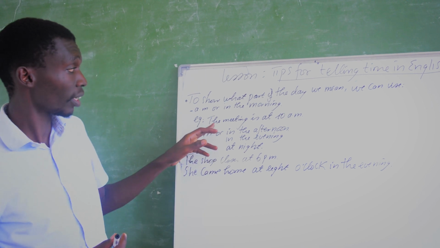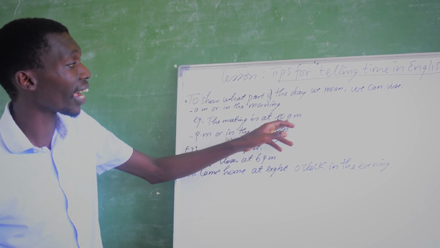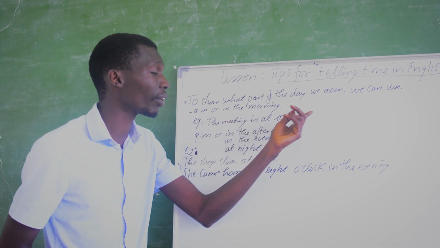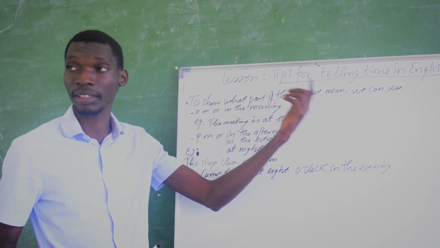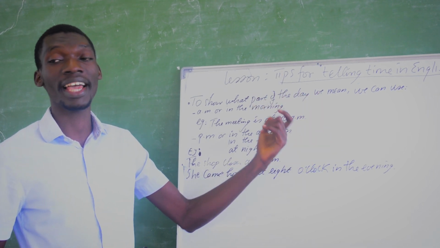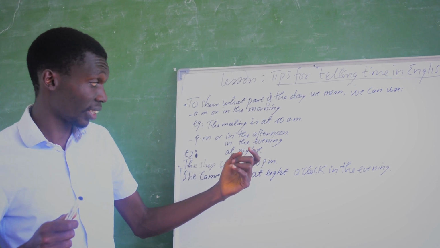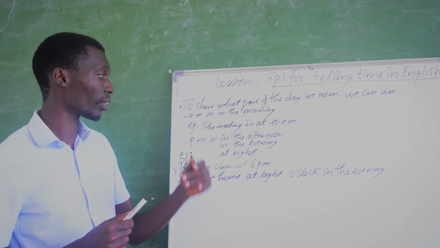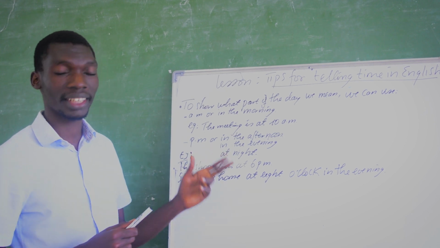Here, for example, the meeting is at 10 a.m. or the meeting is at 10 o'clock in the morning. So if I add in the morning, it means that this expression a.m. will be excluded. Is that understood? Also, you can say p.m. or in the afternoon, in the evening, or at night.